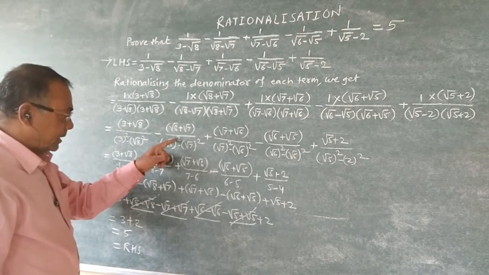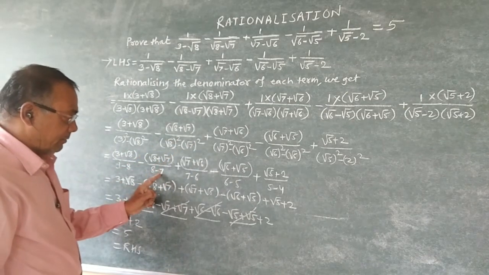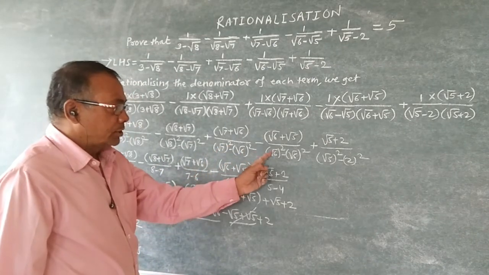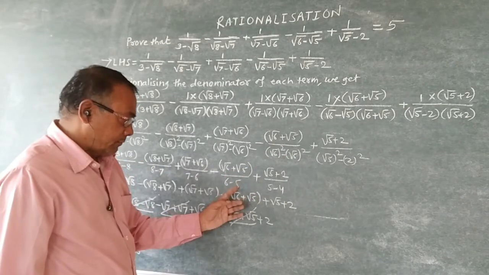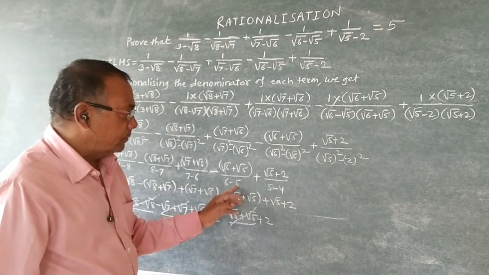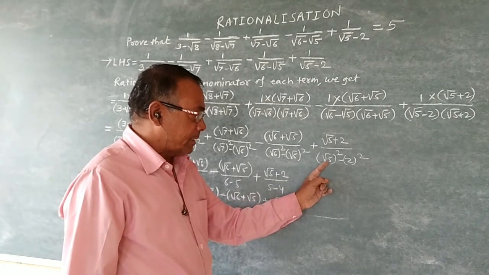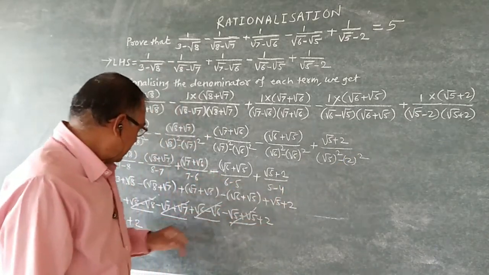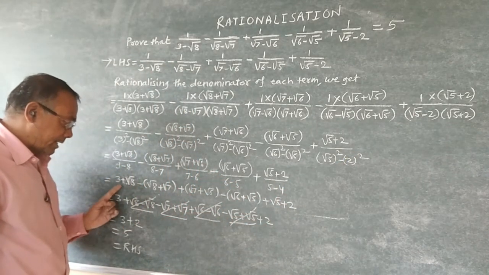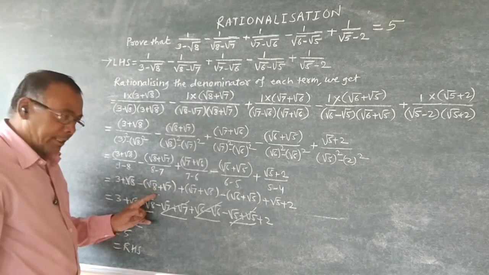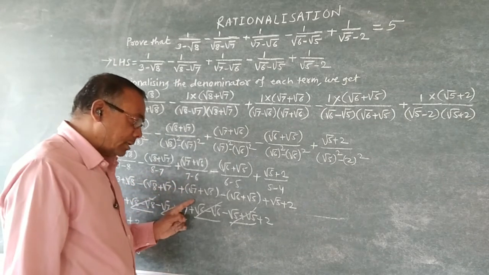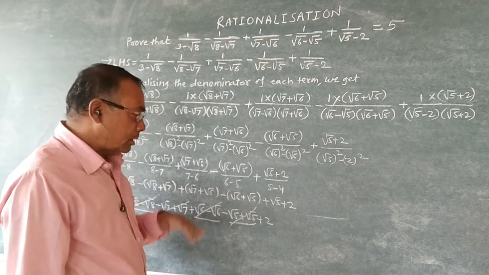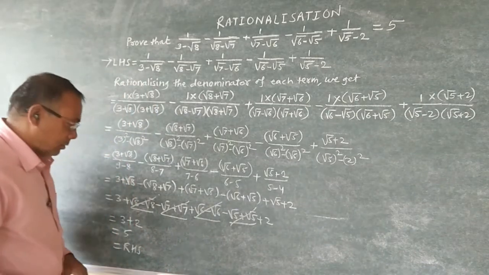Root 8 square is 8, root 7 square is 7. Root 7 square is 7, root 6 square is 6. Root 6 square is 6 and root 5 square is 5. Here we will get 6 minus 5, and the last denominator is root 5 square is 5 minus 2 square is 4. Here 9 minus 8 we will get 1, 8 minus 7 the denominator is 1, 7 minus 6 here also the denominator is 1, 6 minus 5 and 5 minus 4, we will get all the denominators 1.